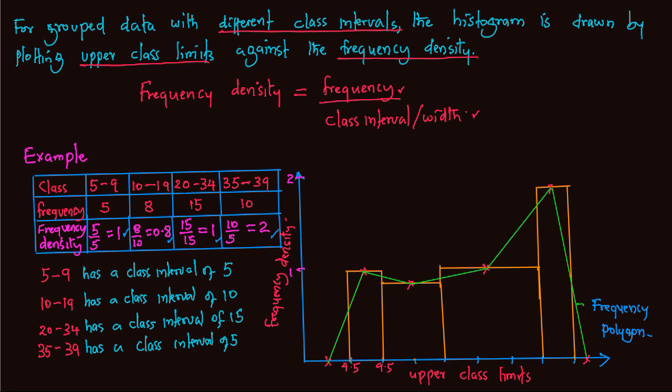Then from 9.5 to 19.5, 19.5 to 34.5, and finally 39.5.